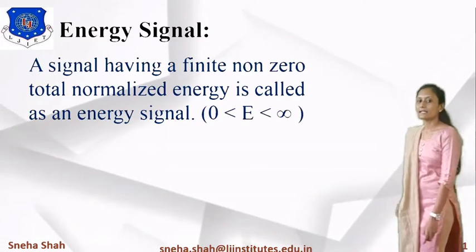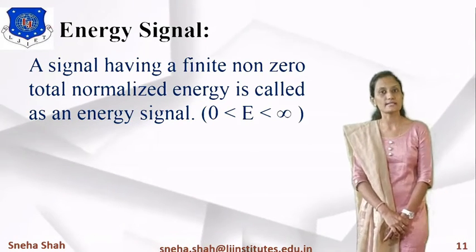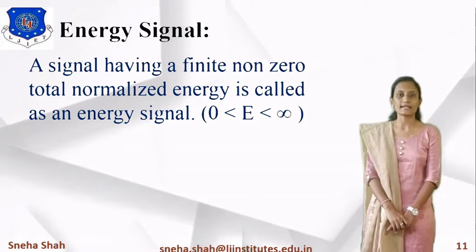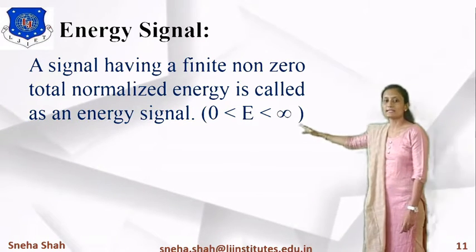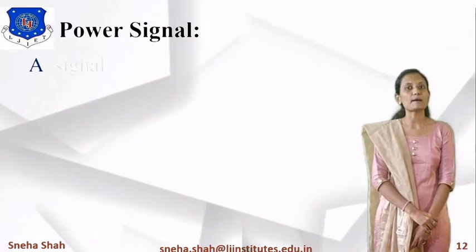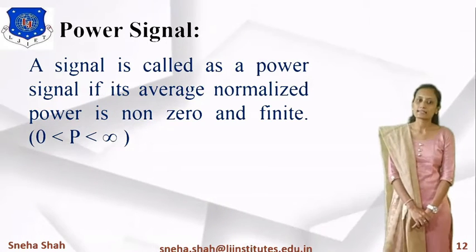So an energy signal has a finite non-zero total normalized energy, and the energy of the signal is between 0 and infinity. Similarly, for a power signal, the power is between 0 and infinity.